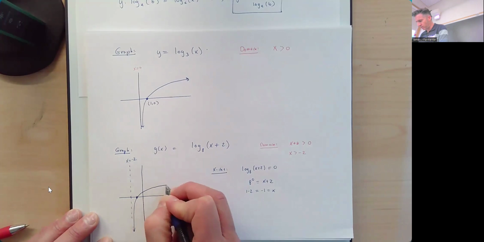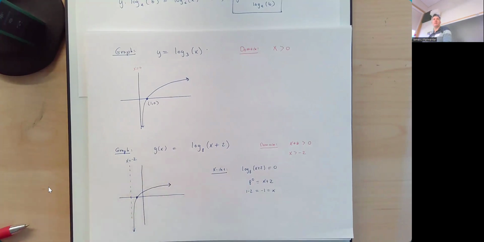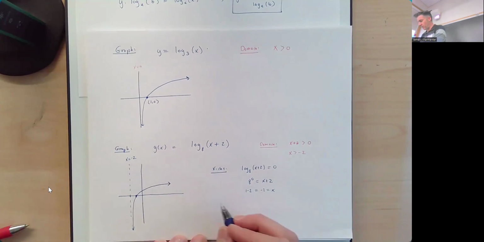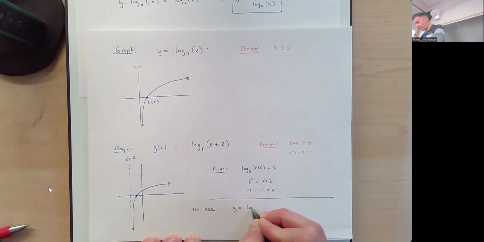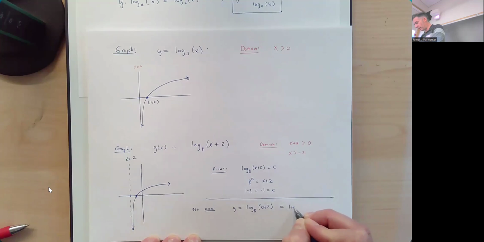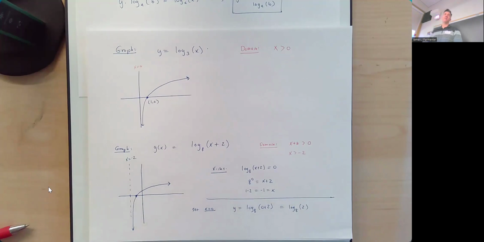Oh, and I have a y-intercept as well. So we have to figure out what that is. Y-intercept is almost easier in my opinion. The y-intercept, we're going to set x equal to 0. We're going to get y equal to the log base 8 of 0 plus 2, which is the log base 8 of 2. All right. We know that log base 2 of 8 is 3. It's 2 to the third equals 8.